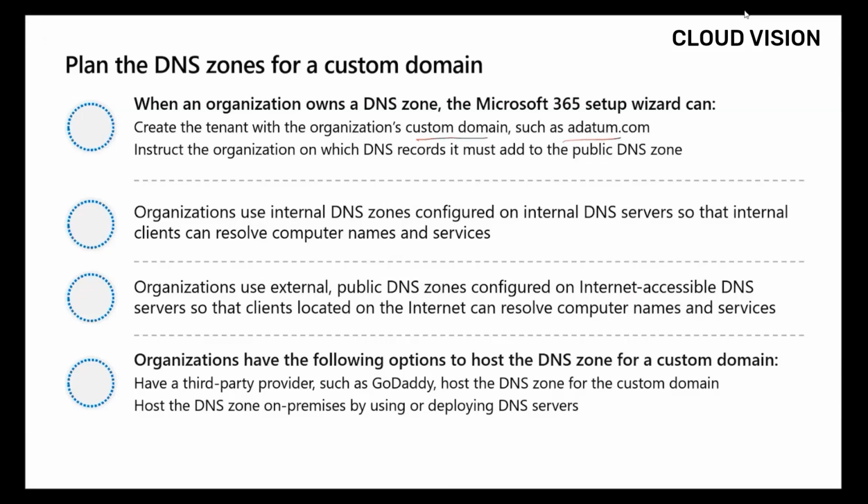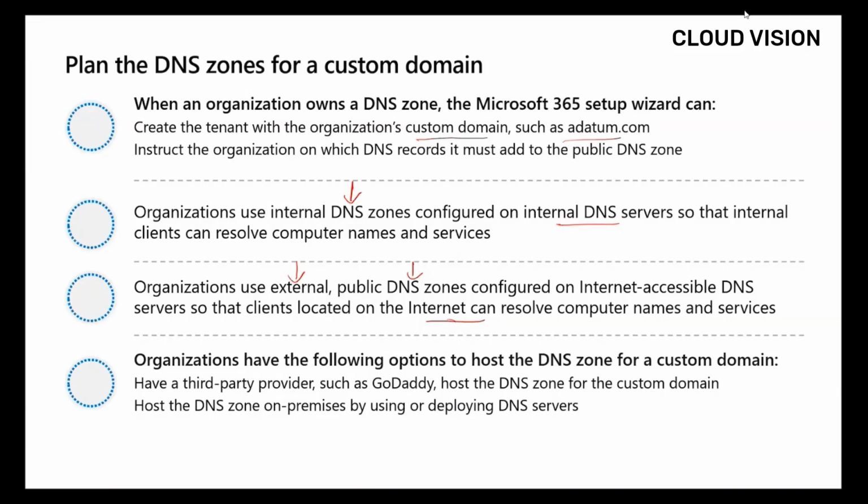Now, organizations have options to either use your internal DNS zone on your internal DNS servers, so that your internal clients can resolve computer names and services. Organizations can also use an external or a public DNS zone, which will be configured on internet accessible DNS servers, so that the clients that are located on the internet can resolve computer names and services.